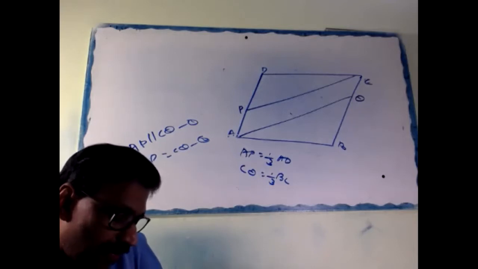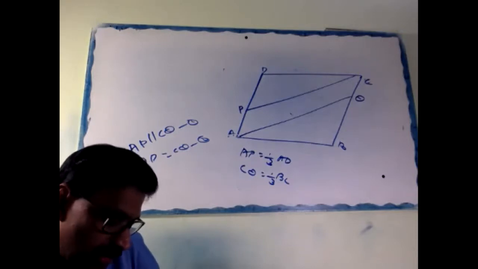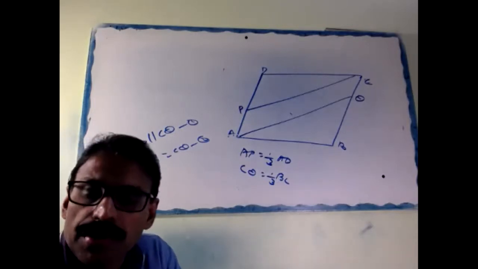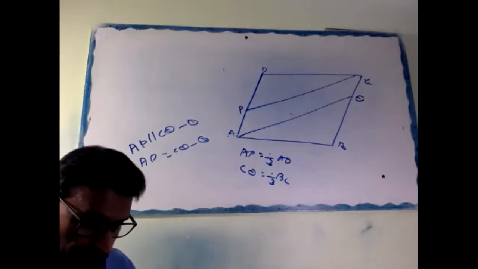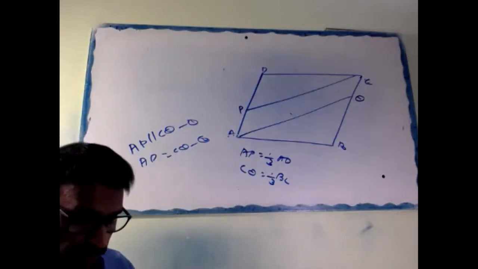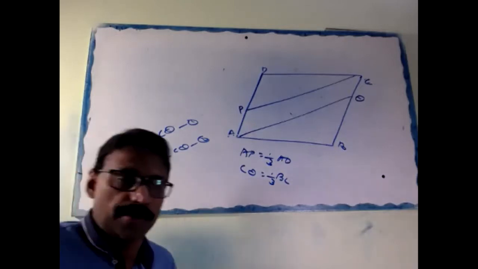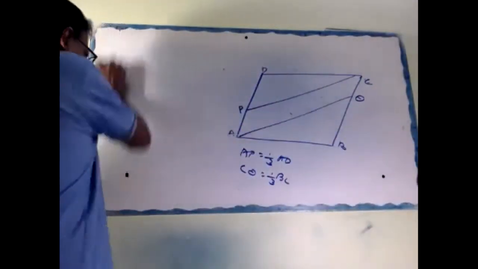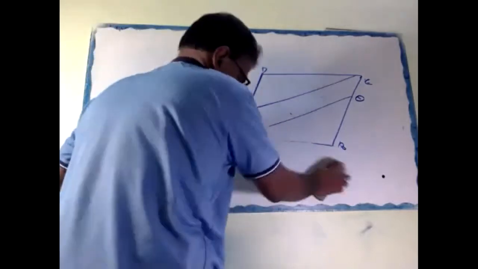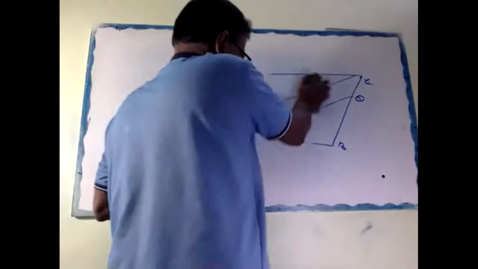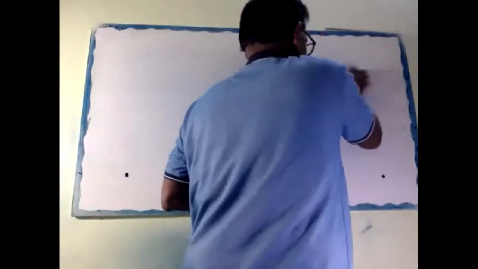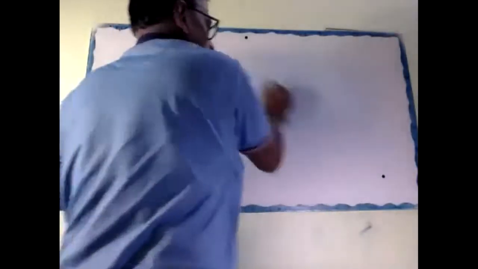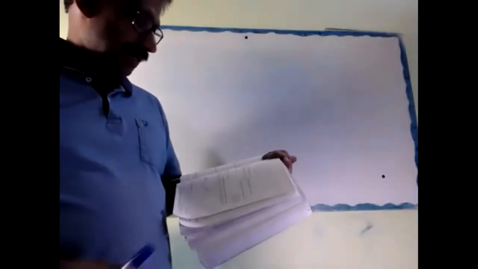ABCD is a parallelogram, and angle DAB is 60 degrees.